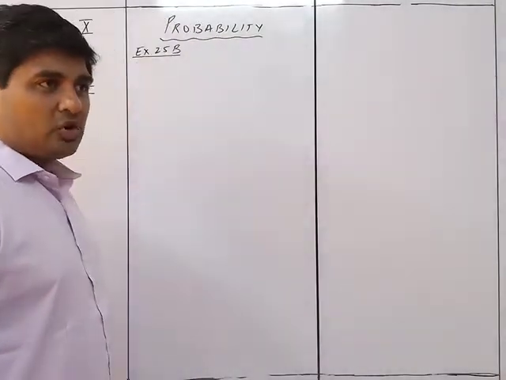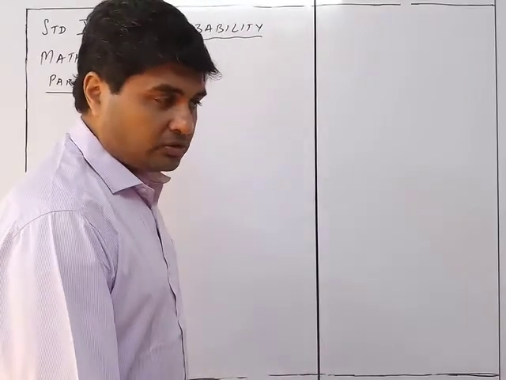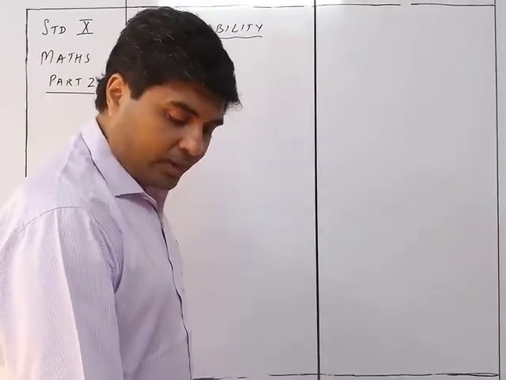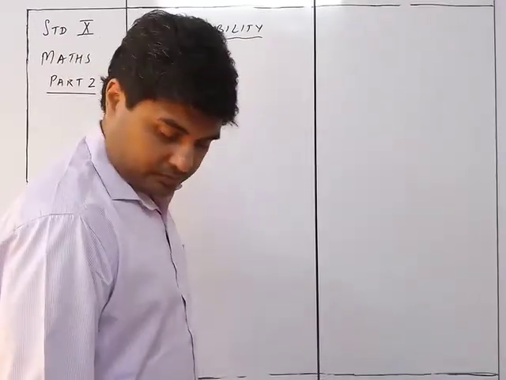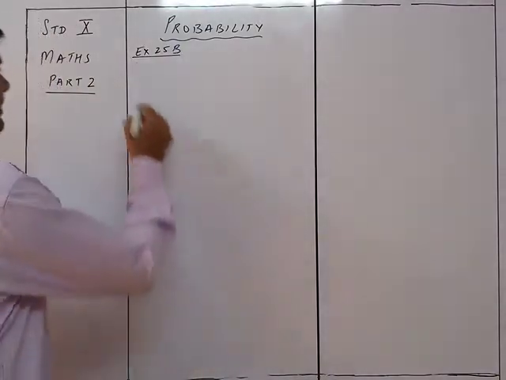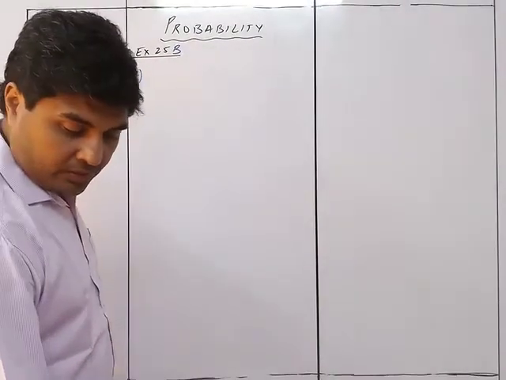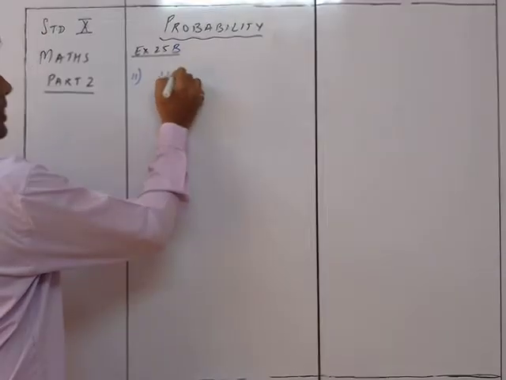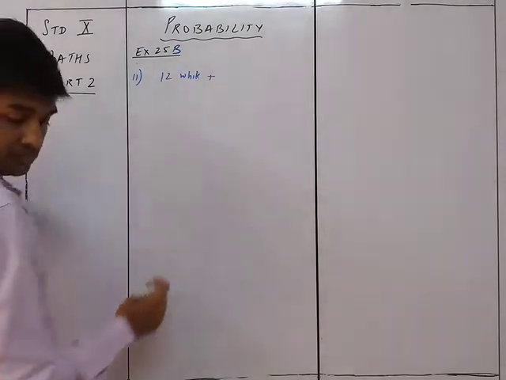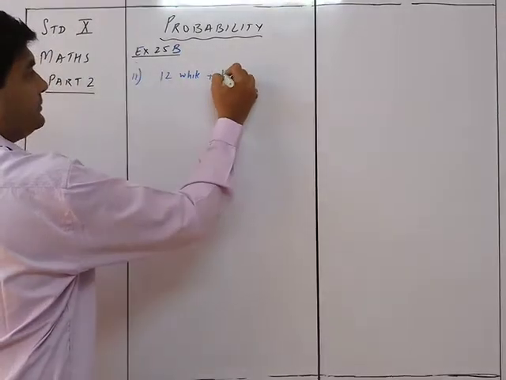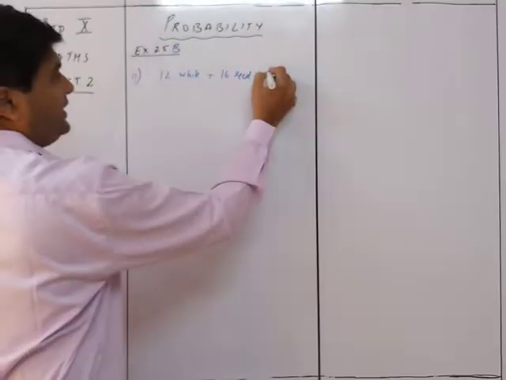A ball is drawn at random from a box containing 12 white, 16 red and 20 green balls. So what we have is, the bag contains 12 white plus 16 red plus 20 green.